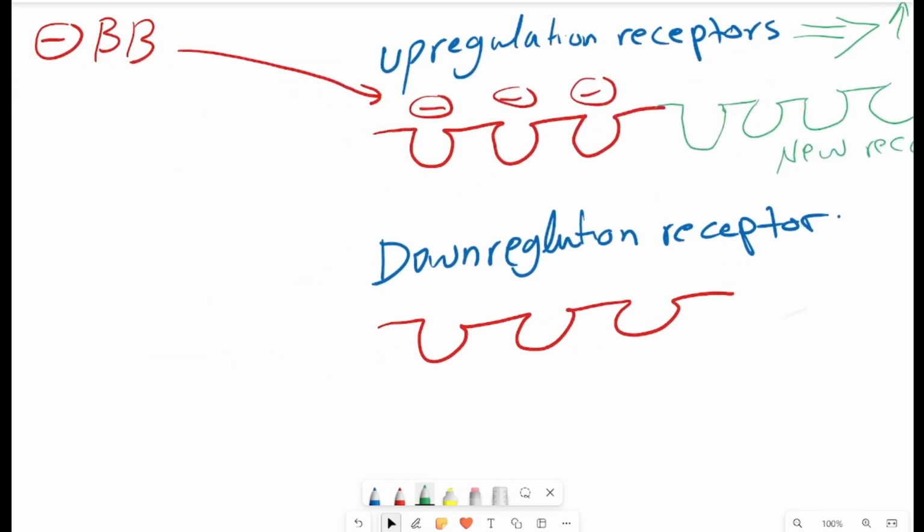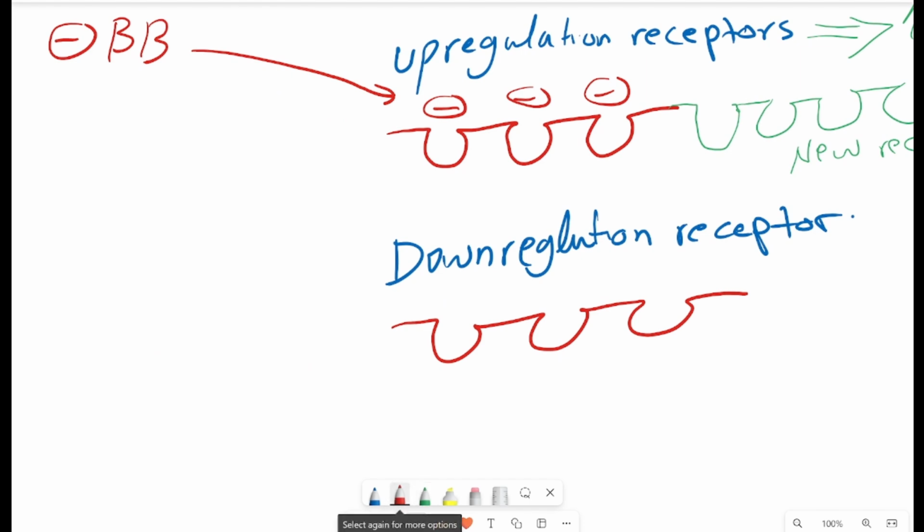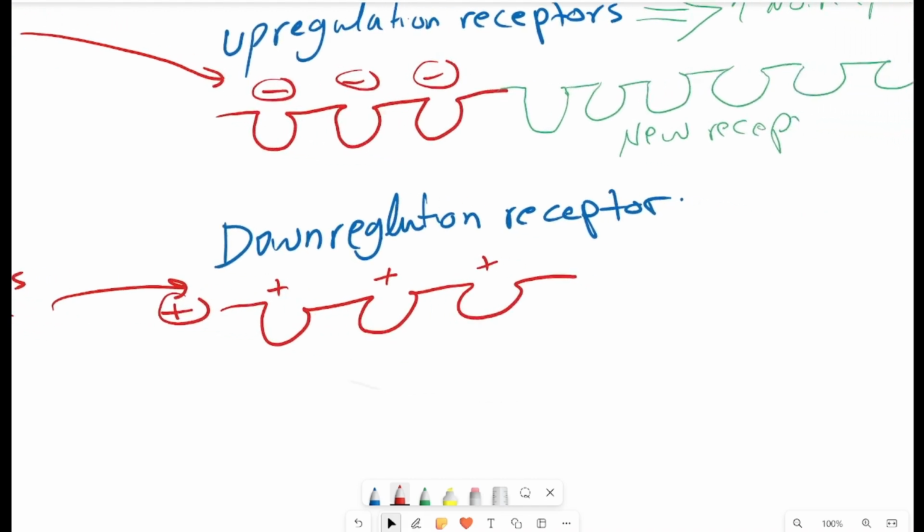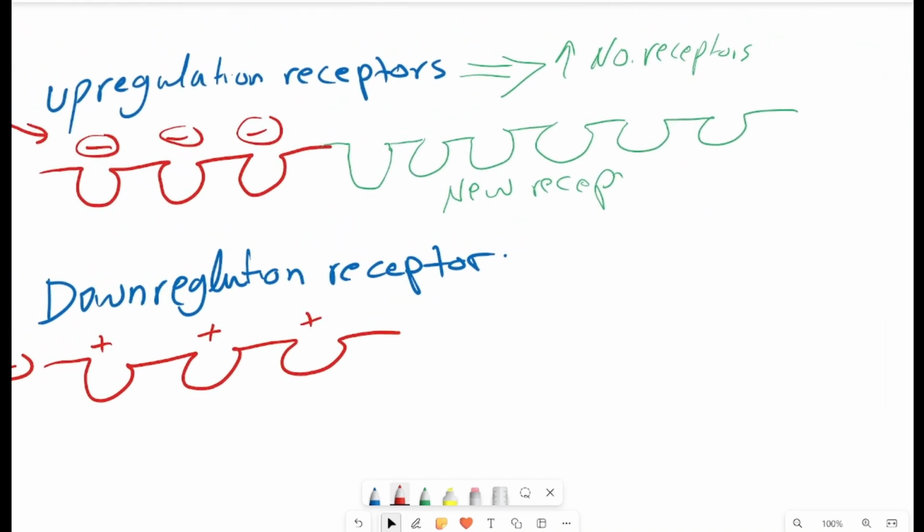On the other hand, when you prescribe an agonist, for example, this stimulates the receptor. So the response of our body will be to decrease the number of receptors.